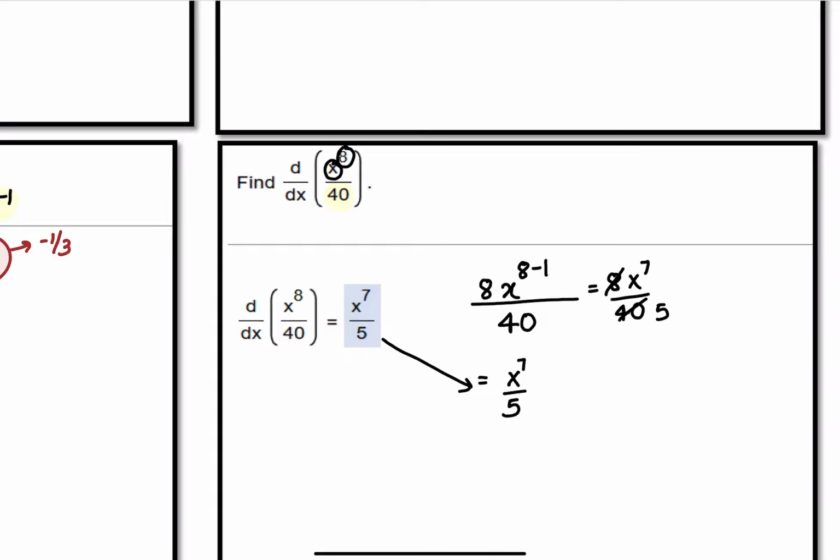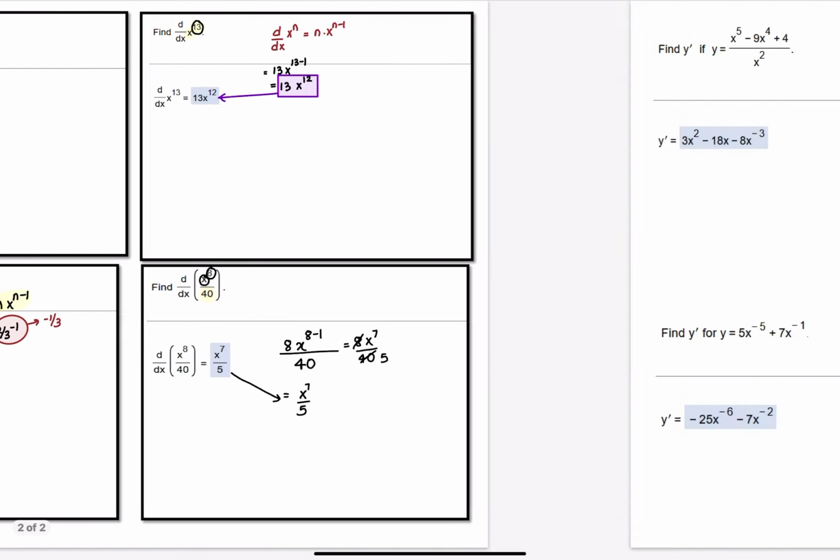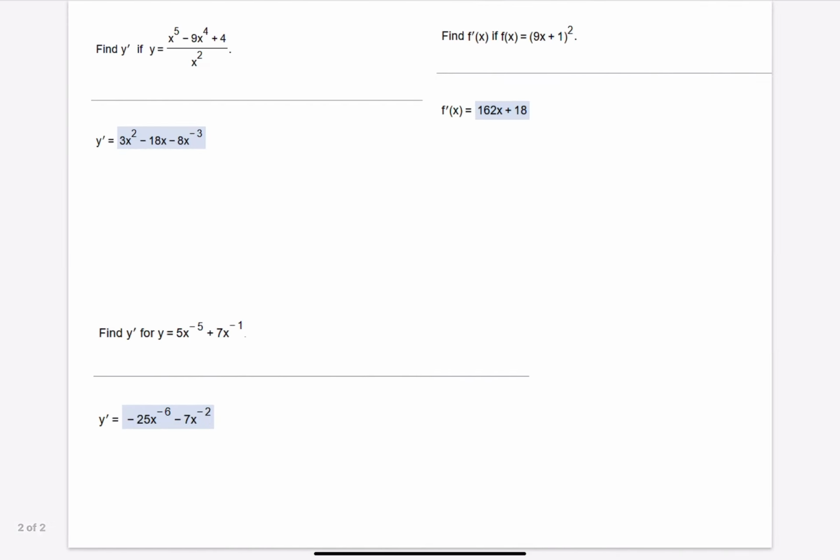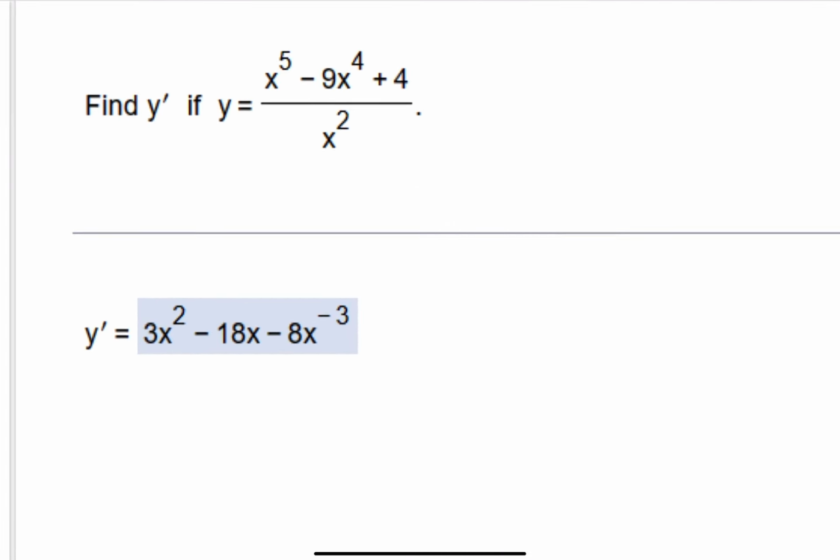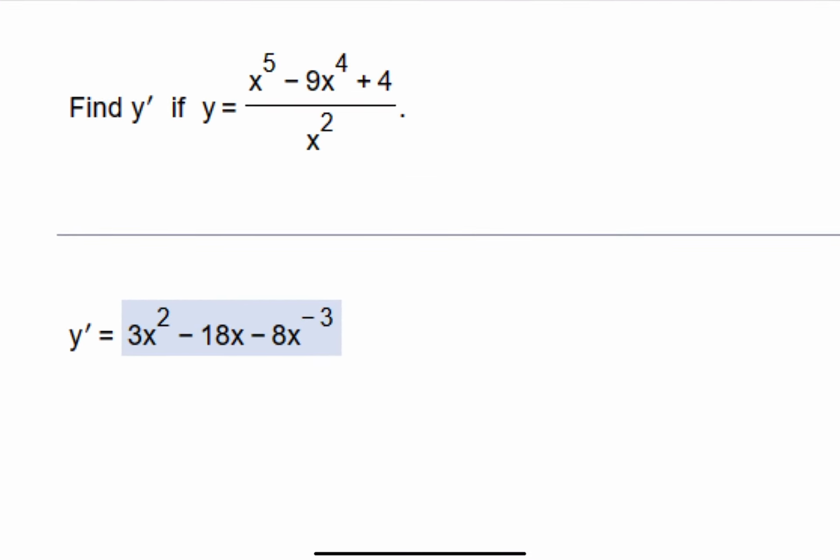All right. Let's take a look at another problem. Let me start with this one. For problems like this, the first thing I like to do is simplify as much as I can. I want you to focus on what I'm doing here. If you followed my previous videos, I always like to divide each and every term by the divisor.